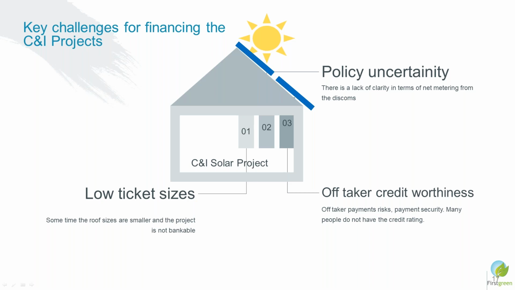So you have to bundle them in a single project under a master agreement, and under the master agreement we can have the individual PPAs. So that your overall application becomes minimum 1 megawatt. That is the requirement. If you have smaller projects, you have to bundle them, and bundling takes its own time.